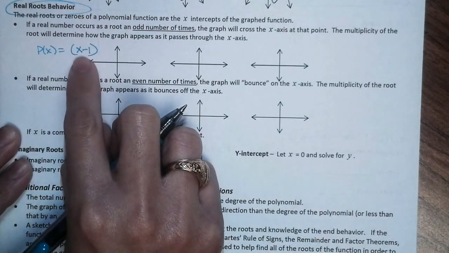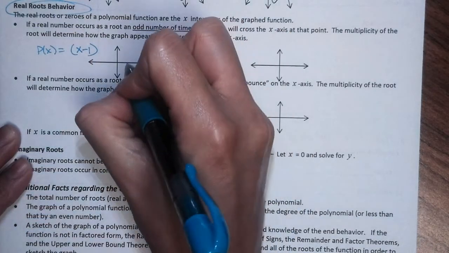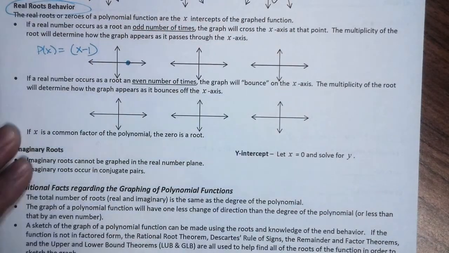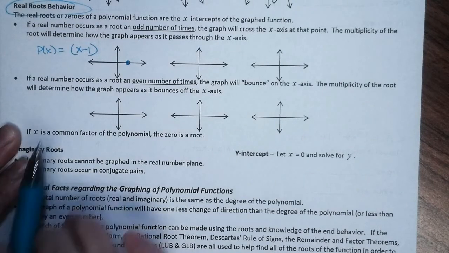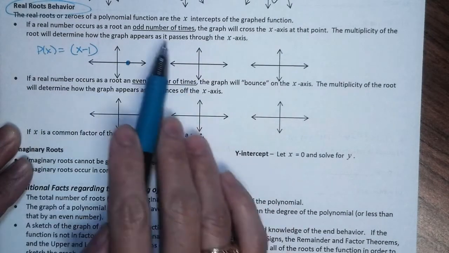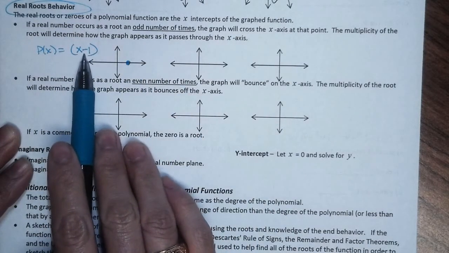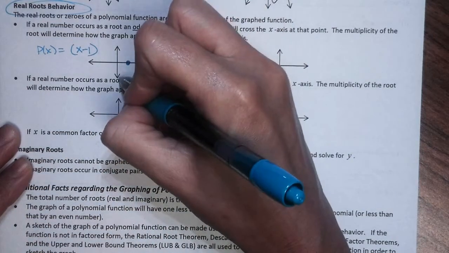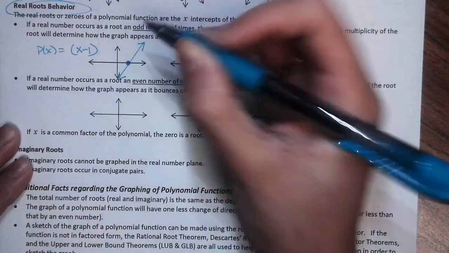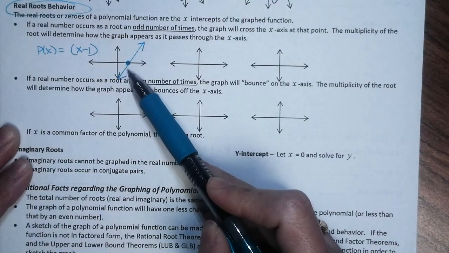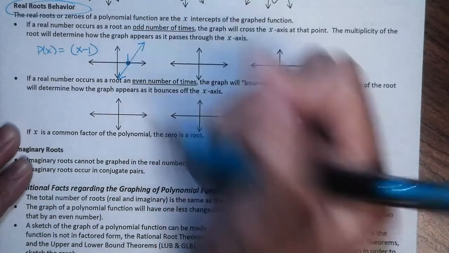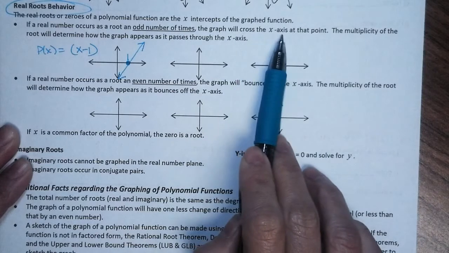So the root here would be (1, 0). And since this is what's called an odd number of times, it just happens once, your graph will just cross the x-axis at that point, at 1. So that's what it says, crosses the x-axis at that point.